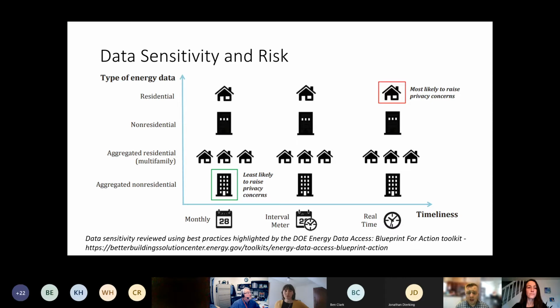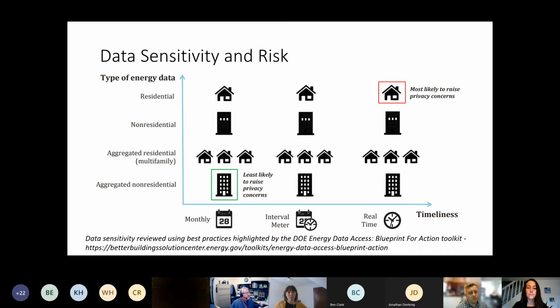So we went out and we surveyed, what do people want? What is the data that people want? And is there indeed some type of risk or sensitivity for releasing that data? There's a lot of different types of data and different ways to manipulate data. What type of data are we talking about? What do people want?